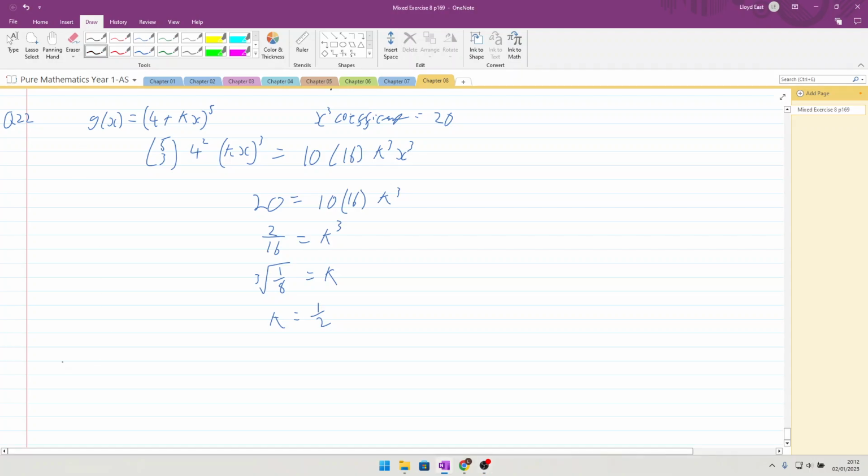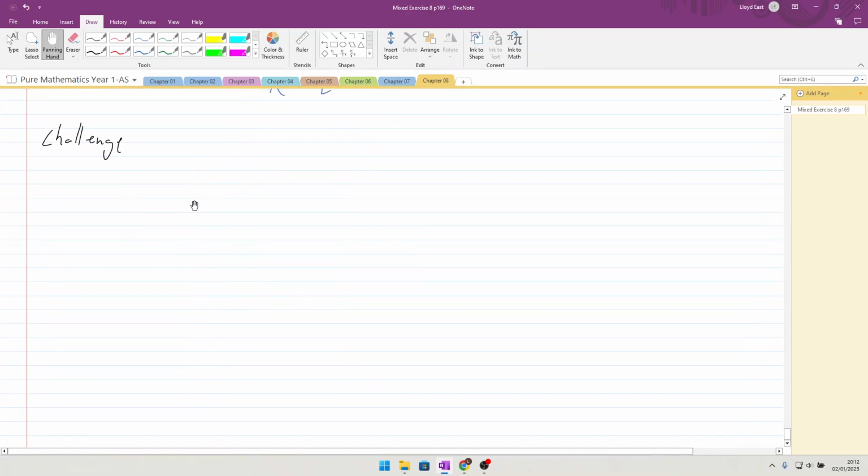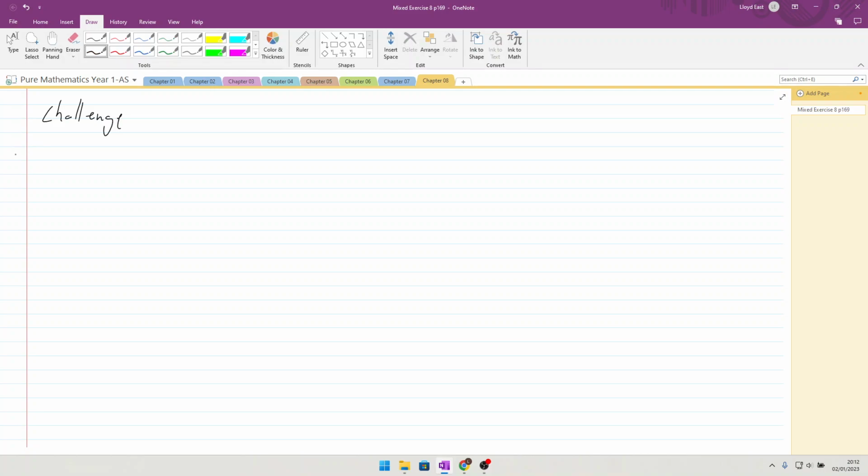Now on to the challenge questions. Challenge question 1: f of x equals (2 minus px) times (3 plus x) to the power of 5, where p is a constant.